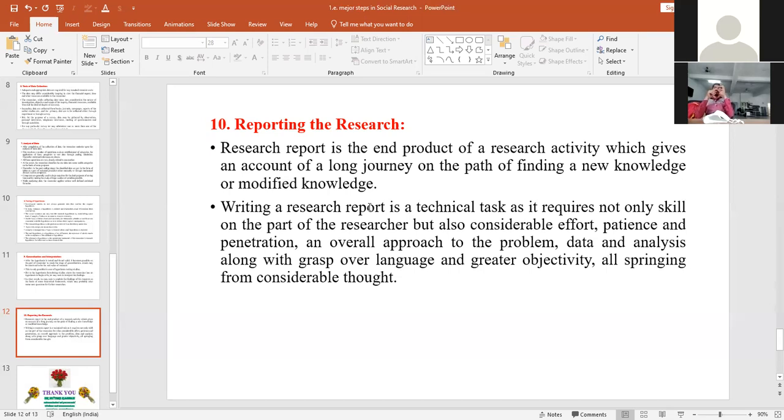Based on that, we have to review some of the literature, and we have to design, and we have to collect data, and we have to interpret data, we have to analyze data, and completely we have to finish by report writing. So these are the steps which are most important in the research.